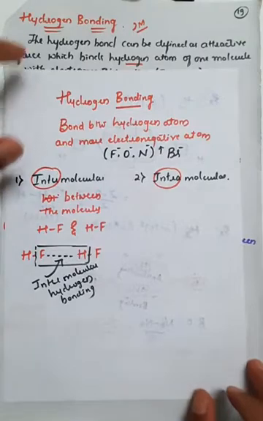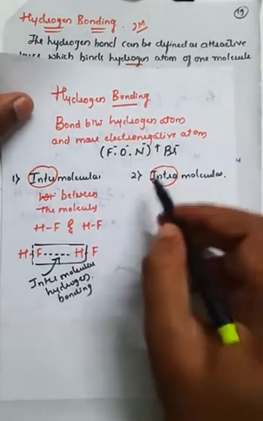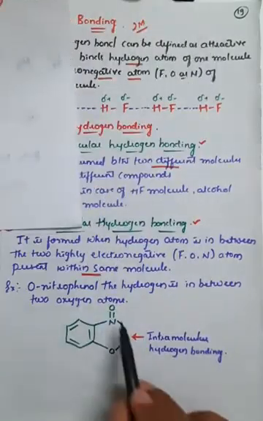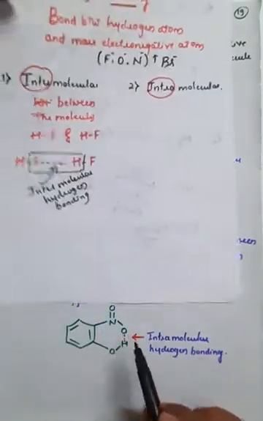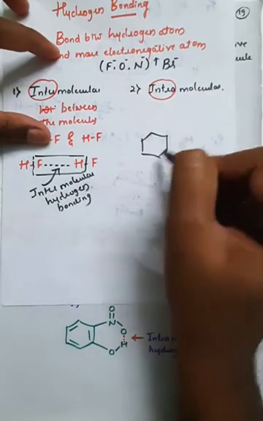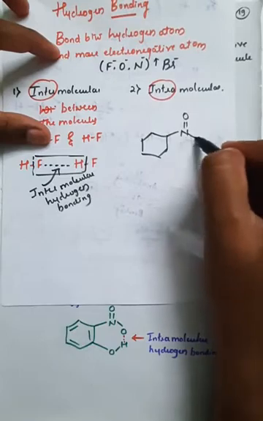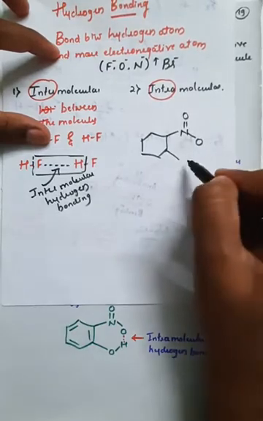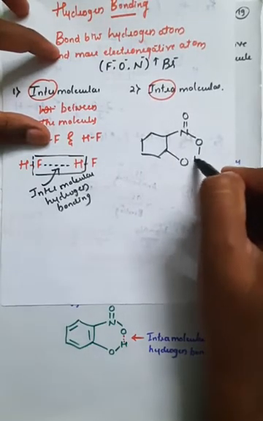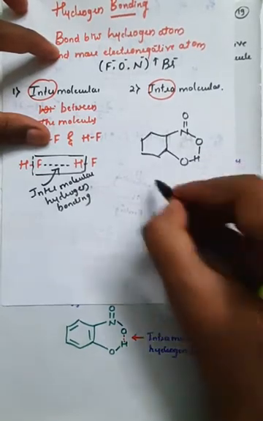As I already said, intramolecular hydrogen bonding is, if you take the example of O-nitrophenol, a benzene ring further bonded with nitrogen and oxygen, one side bonded with oxygen, and there is a hydrogen in between two oxygen.